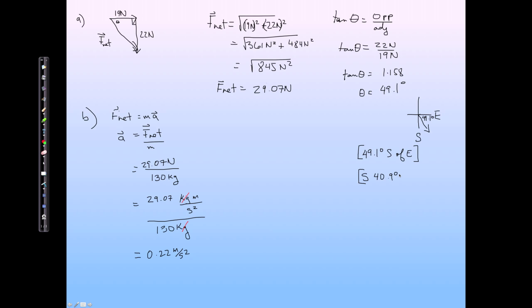That is to say, south and go 40.9 degrees towards the east. So this net force is south 40.9 degrees east, and this acceleration is also south 40.9 degrees east.